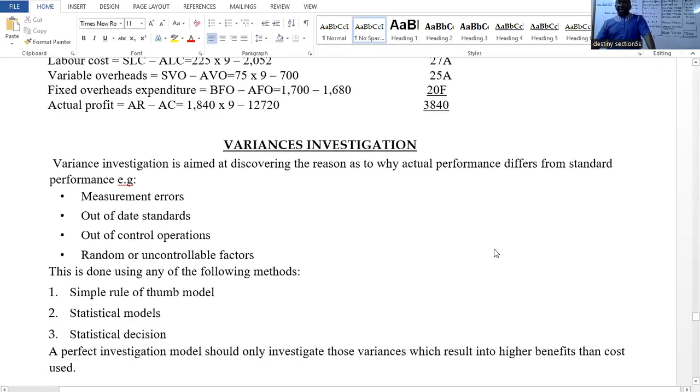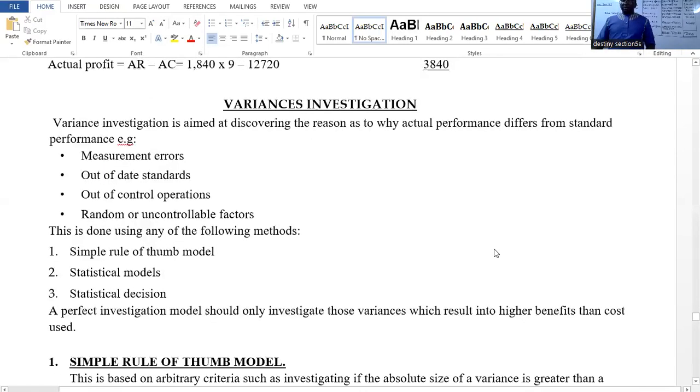The other thing is out of control operations. Our business is not moving the way it should be, and we still continue running it. Then we have what we call random or uncontrollable factors. These are factors that are beyond the control of the business.